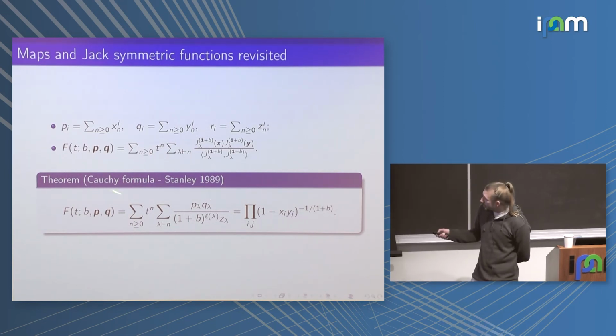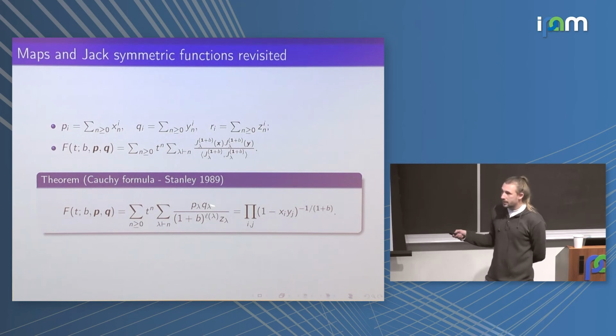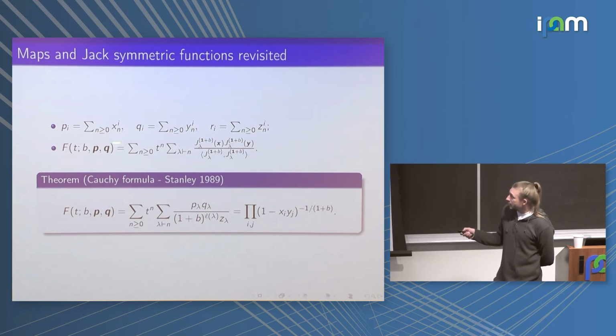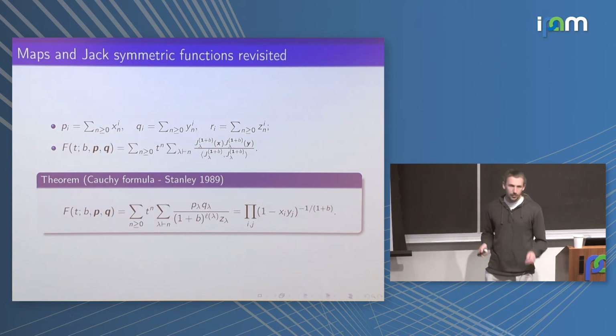First, I'm starting from the Cauchy formula. This is a classical result of Stanley, and it tells you that if you look at the following generating function, what's happening here is I'm summing over all integers n, then summing over all partitions of size n. I'm taking a product of two Jacks indexed by the same partition, but these Jacks are in different alphabets.